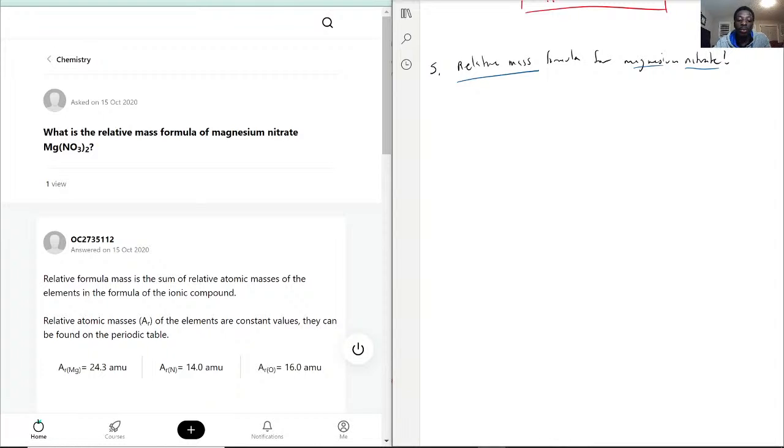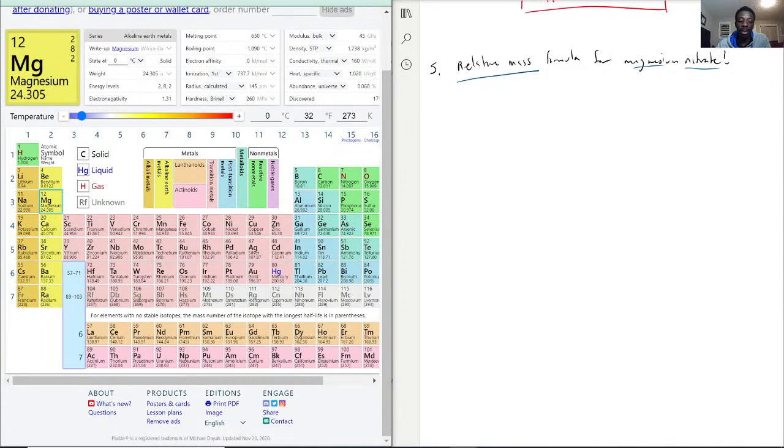But now let's say we weren't given what magnesium nitrate was. We can still use our periodic table to figure out what this molecular formula would be. Magnesium translates straight to Mg. And because it's in the second column, we know it comes as a 2+ ion. Nitrate, on the other hand, is something you have to memorize, where it will be nitrogen and a certain number of oxygens.